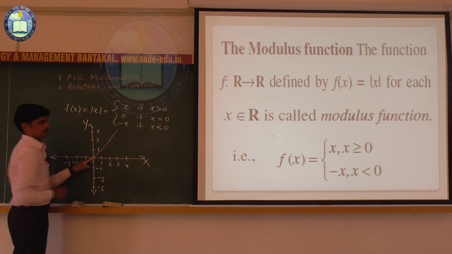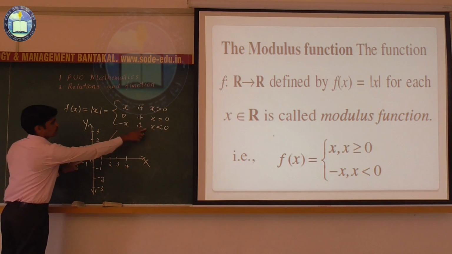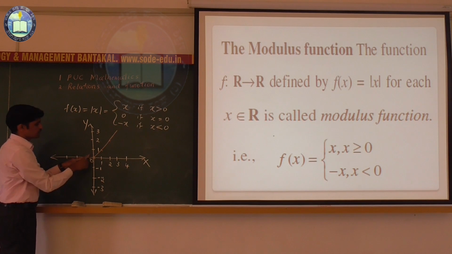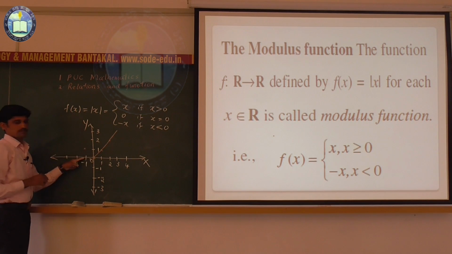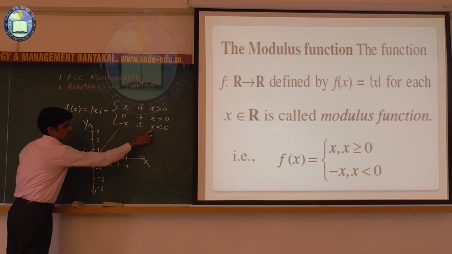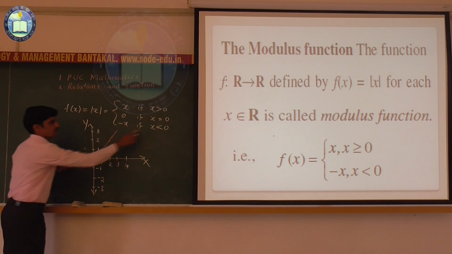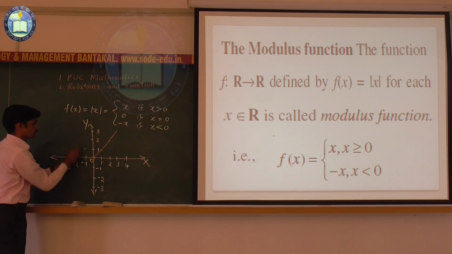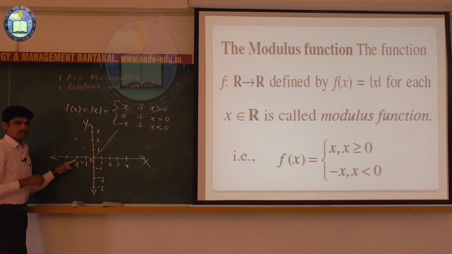graph of that function. And when we give x is equal to negative values like minus 1, then modulus of minus 1 is plus 1. Let us give x equal to minus 2. Modulus of minus 2 means x is less than 0, minus of minus 2 is 2. That is the definition.